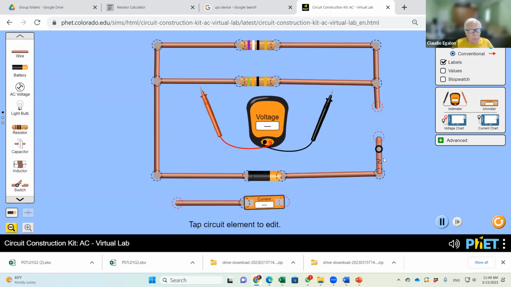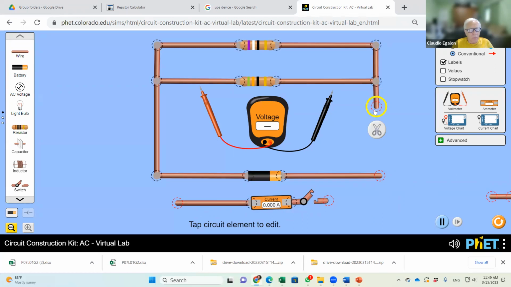I'm going to put my switch right in here, so I can have a better control of when the current flows or not. Okay, so here we go.